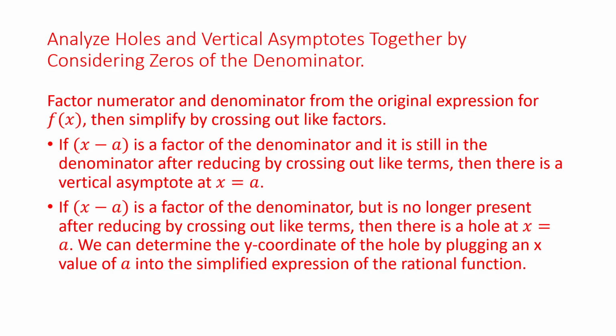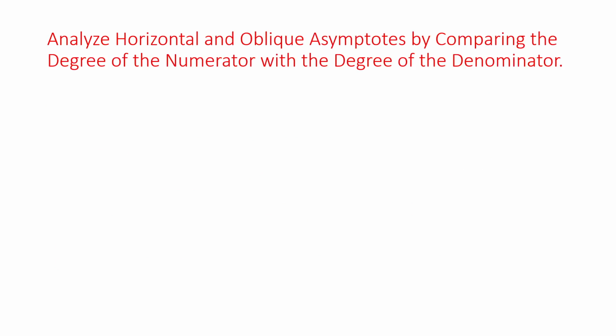If x minus a is a factor of the denominator, but then it's no longer present after you reduce by crossing out like terms, then there's a hole at x equals a. And we can determine the y-coordinate of the hole by plugging an x value of a into the simplified expression of the rational function. Okay, so that's how we analyze holes and vertical asymptotes. They kind of go together in one analysis.